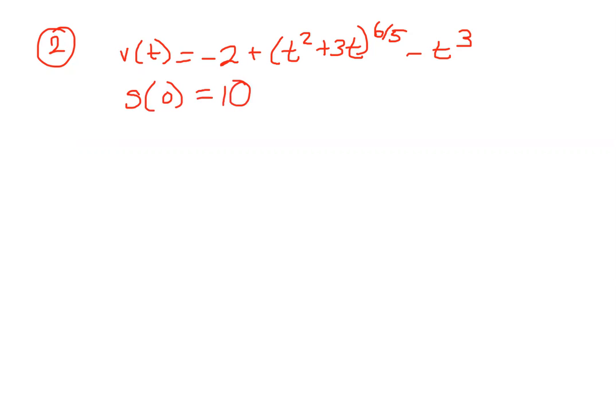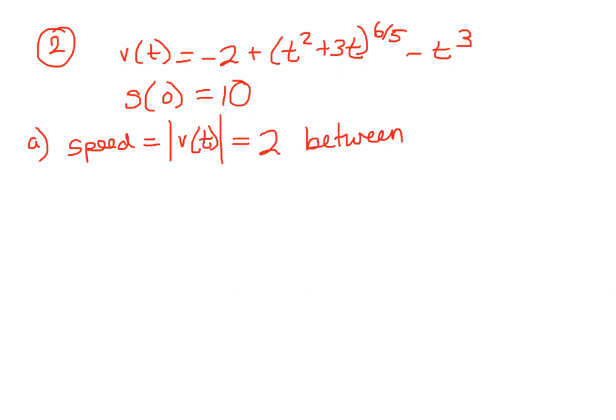Find all values of t in the interval between 2 and 4 for which the speed of the particle is 2. All right, you need to know that speed equals the absolute value of v of t. So we want to find when is the absolute value of v of t equal to 2 between 2 and 4. That's what we're looking for.